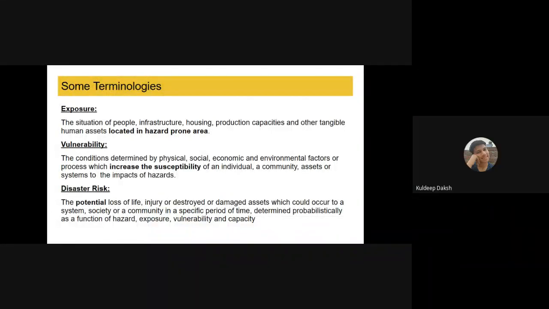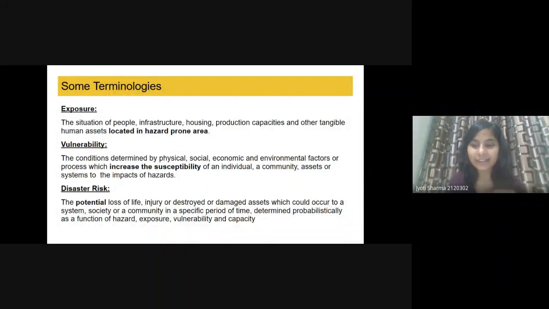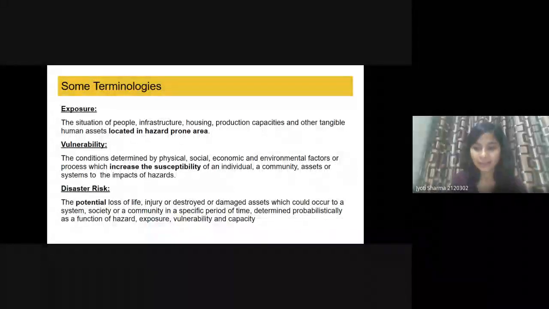Ma'am, not really. Okay, so for example, if there is a factory and that factory has a very explosive chemical, right? And near the factory you have a house, means you are exposed to the hazard area.